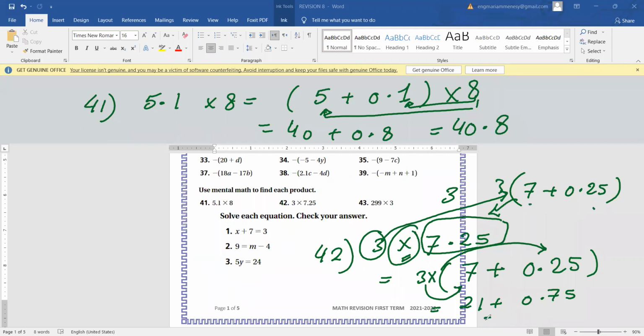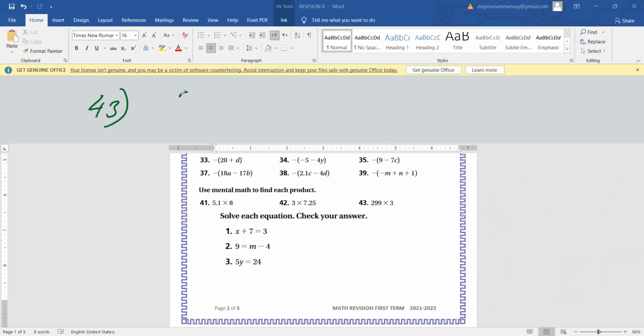Okay, Miss, can you solve 43? Yeah, I'll solve it. Okay, my dear. 43. Who can help me on 43? 299 multiplying 3. I need it to be easier, more simple. It will be 300 minus 1.